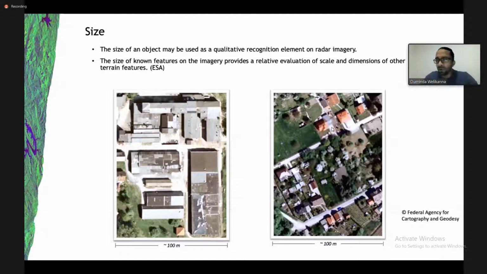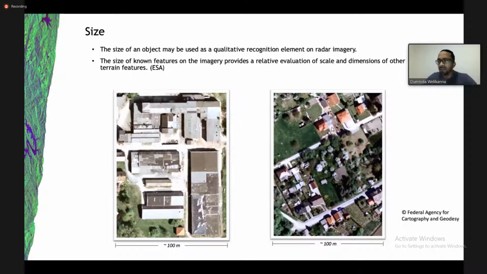Now size, as you know, is an element. Especially for high resolution images, by looking at the size you can say this is a man-made object. While looking at the shapes of the other forest elements, you can say this is a natural element. Likewise, size can be used to distinguish objects.